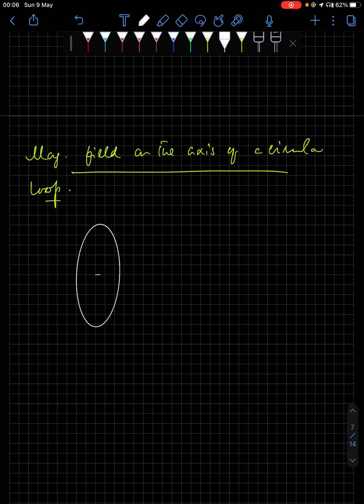When you say axis of a circular loop, you consider a point P and you're finding out the magnetic field at this point P due to this circular loop carrying current I.